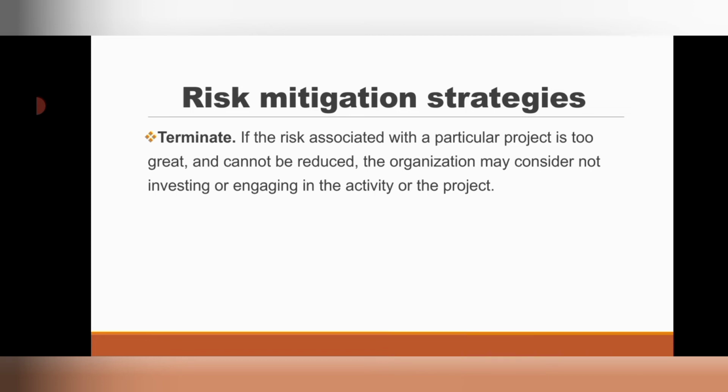There's no mitigating strategy that can be applied to reduce its impact on the project. The best option is not investing or engaging in the activity or the project at all. That will be the best option to mitigate certain projects.